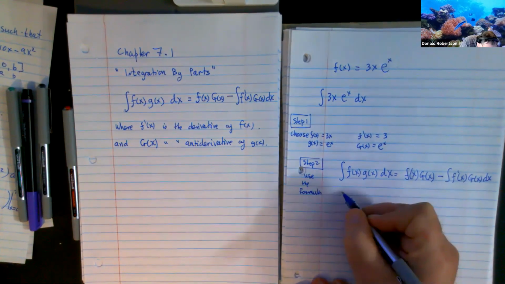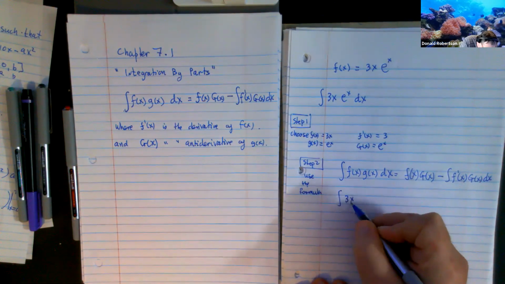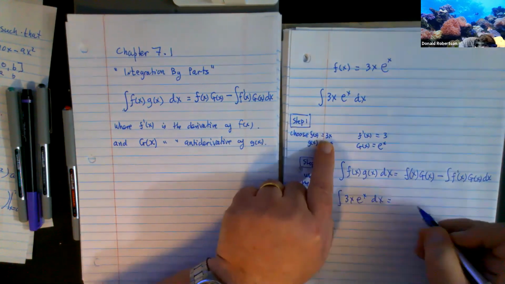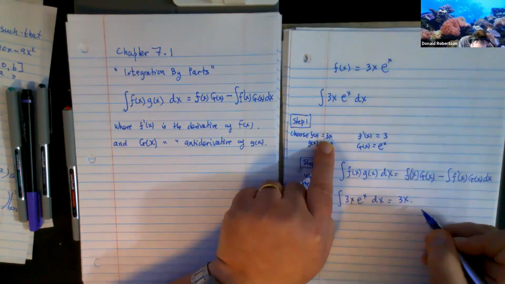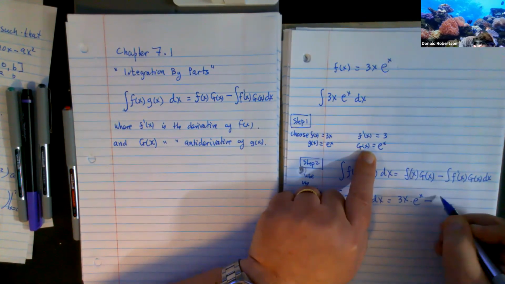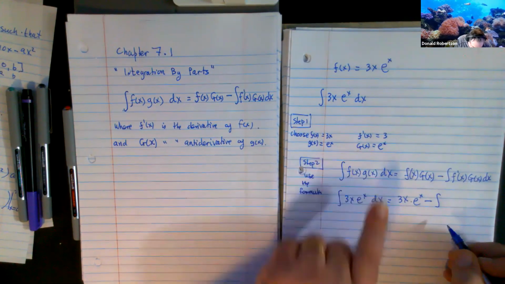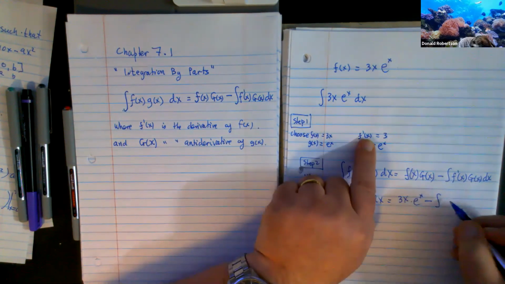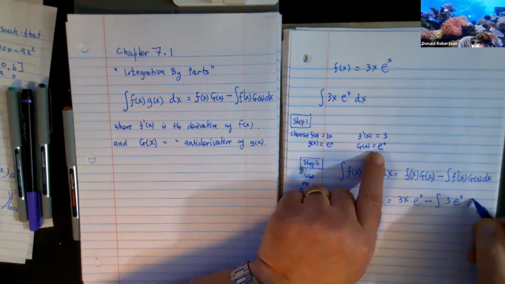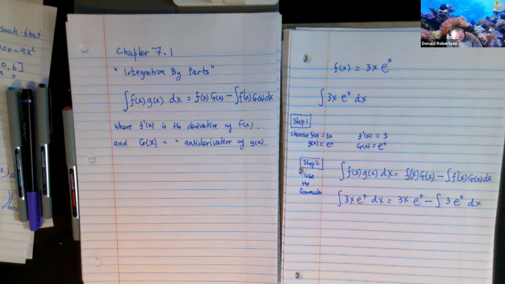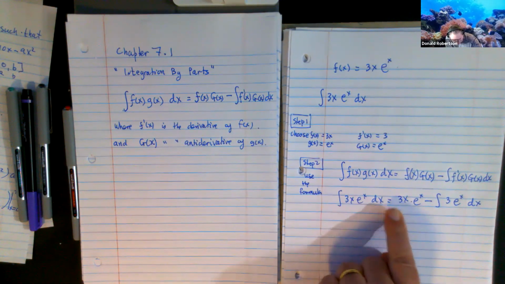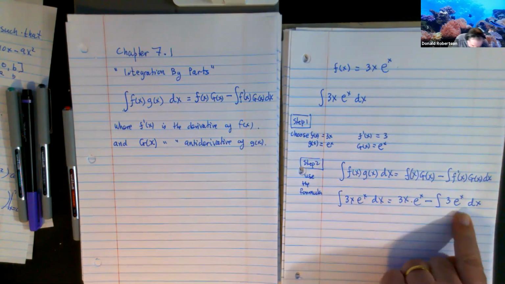So in this particular question, it's going to be that guy. Now, f of x is 3x. The antiderivative, capital G of x, is that guy. Take away the integral. F dashed of x is 3. Capital G of x is e to the x, dx.